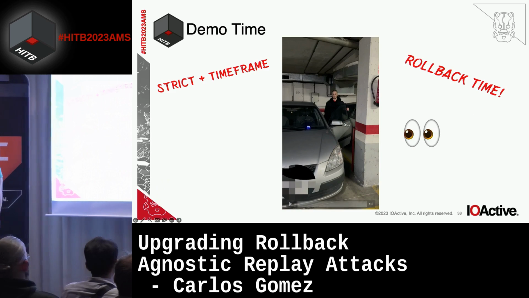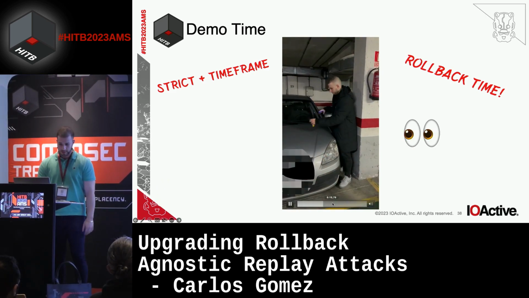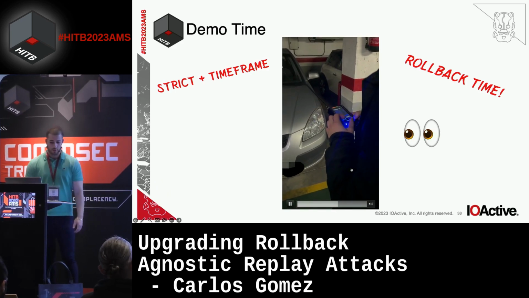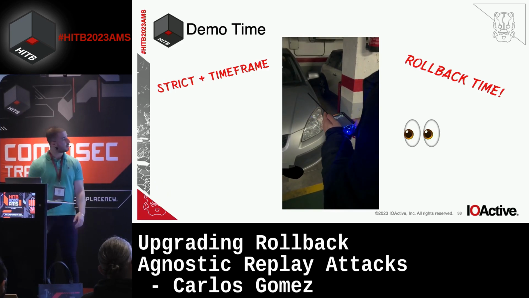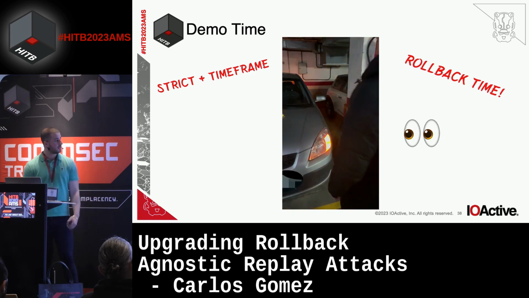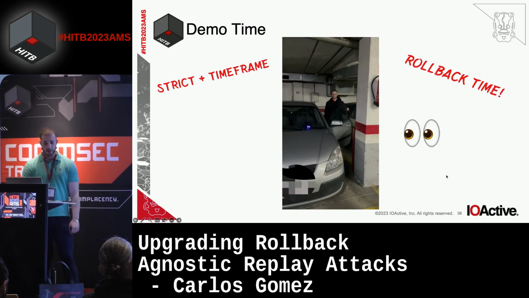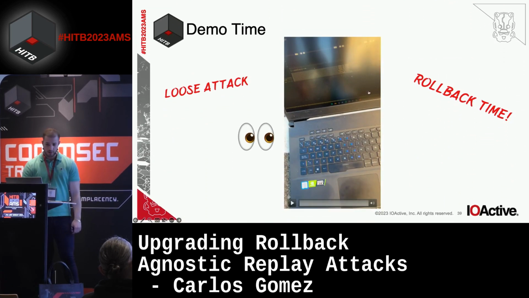Now we have the video here, as we can see before. Now we understand why, if we send these 3 signals, the car opens. This is with a time frame. And this is another vehicle tested.